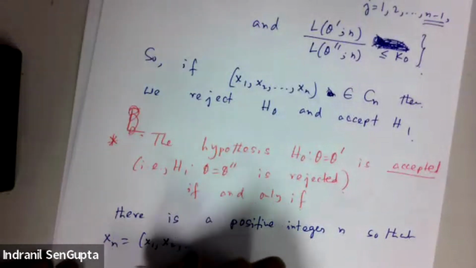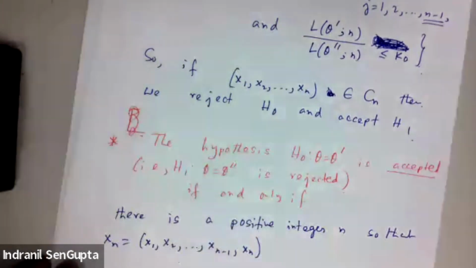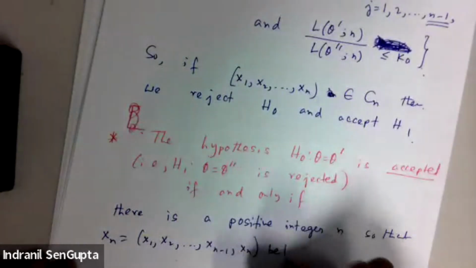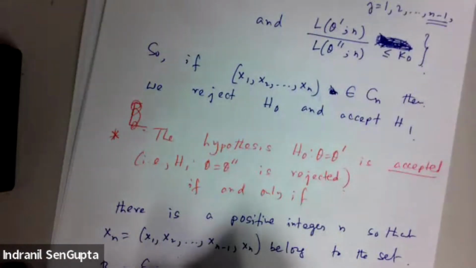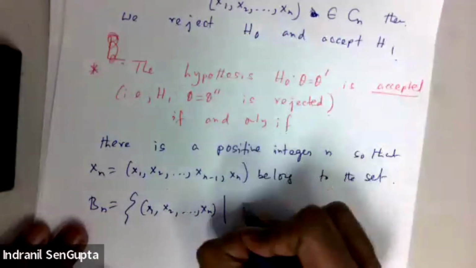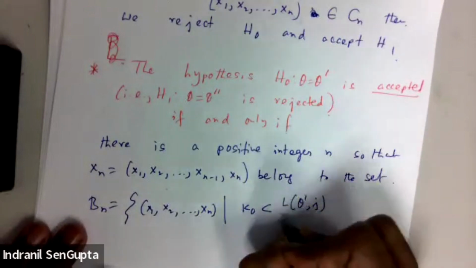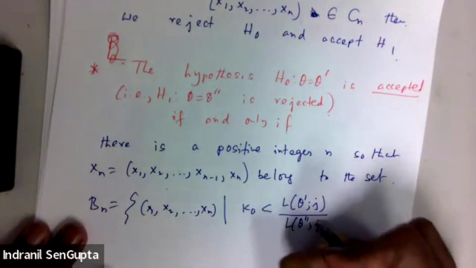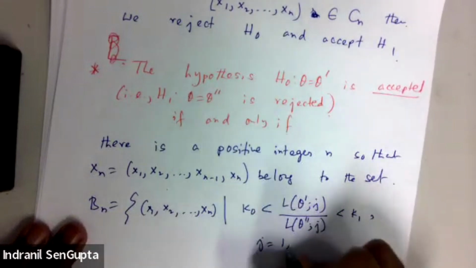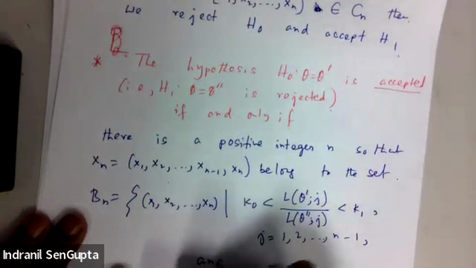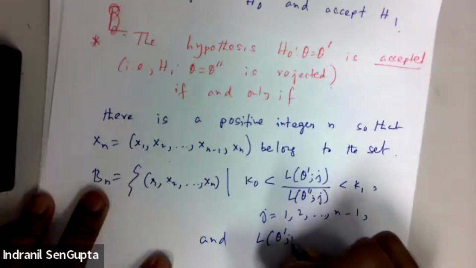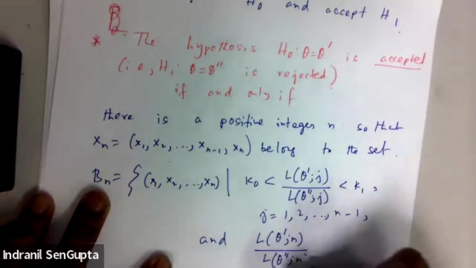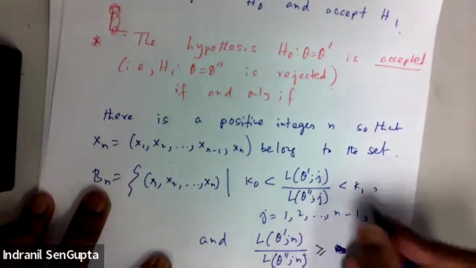x1, x2, up to xn minus 1, and xn belong to the set B sub n, which is something like x1, x2, xn, such that K0 up to n minus 1, it's just the same as before, K1 for j equal to 1 to n minus 1, and then L of theta prime n over L of theta double prime n is bigger than or equal to K1.